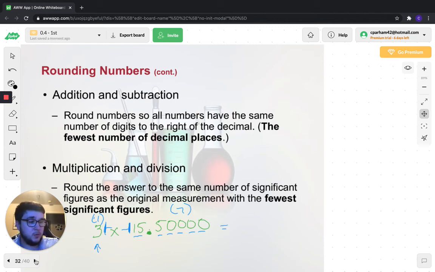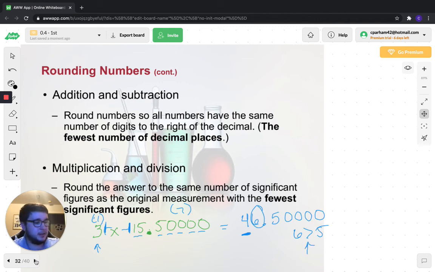If I don't round, I'll get something like 46.50000. But since I only need 1 significant figure in my answer, I'm going to cut my answer off here, and I'm going to evaluate this number to see if I go up or down. 6 is greater than 5, which means I'm going to round up.